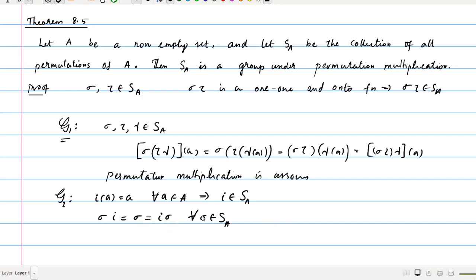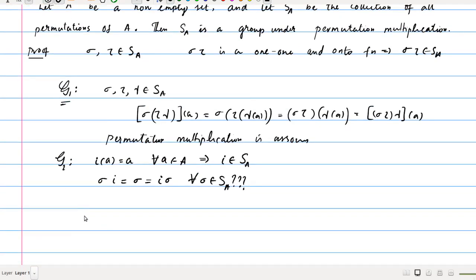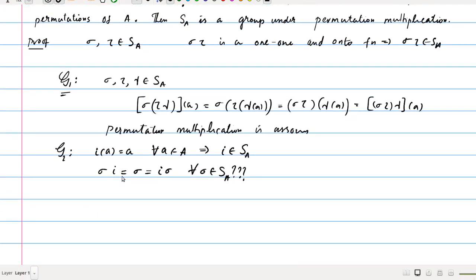To prove this, we start with sigma I of a. We need to prove that sigma I of a is equal to sigma of a for all a. The other way, we will prove that I composition sigma of a equal to sigma of a for all a belongs to A. So sigma I of a is equal to sigma of I of a. By definition of this I, I of a is equal to a itself. So this is sigma of a.